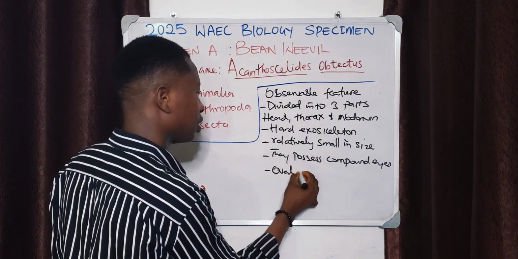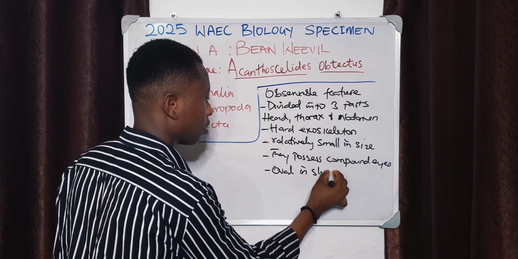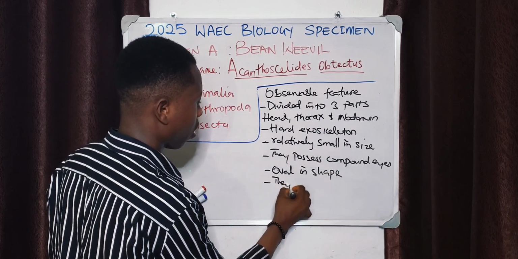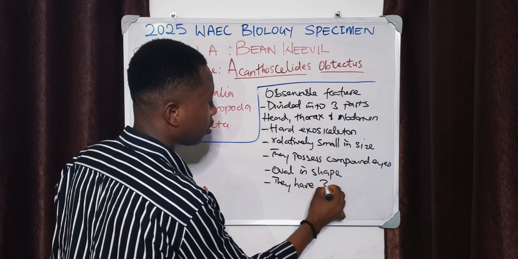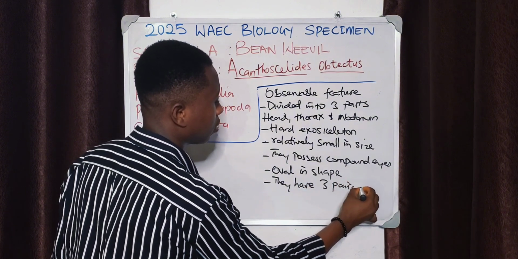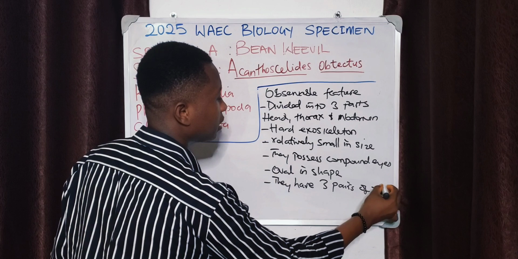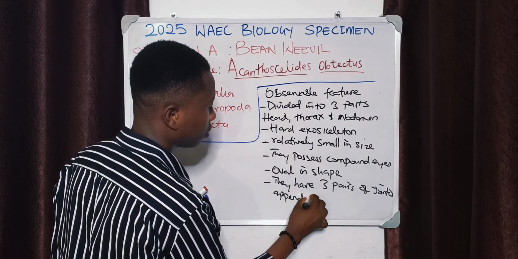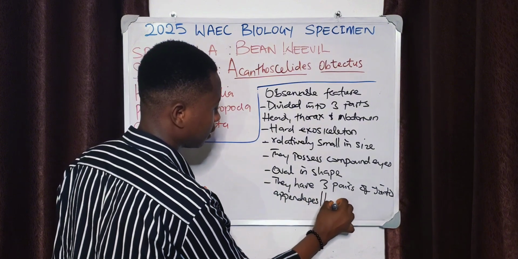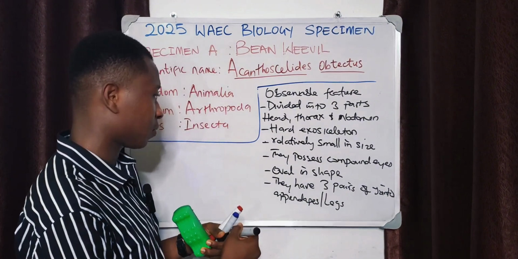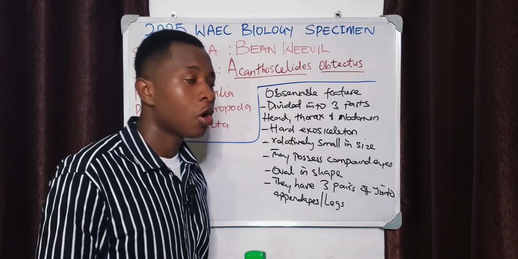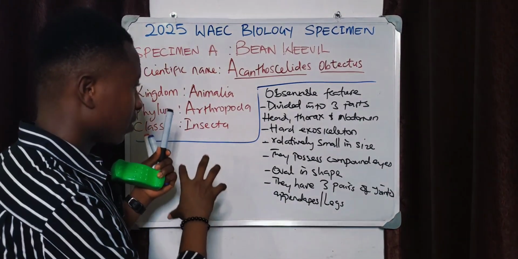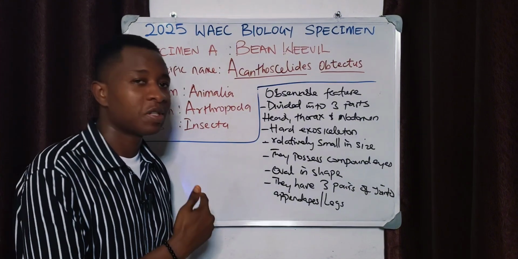They are oval in shape. They have three pairs of jointed appendages or legs. So these are a few observable features of this specimen. These are the questions that are likely to come out under specimen A.